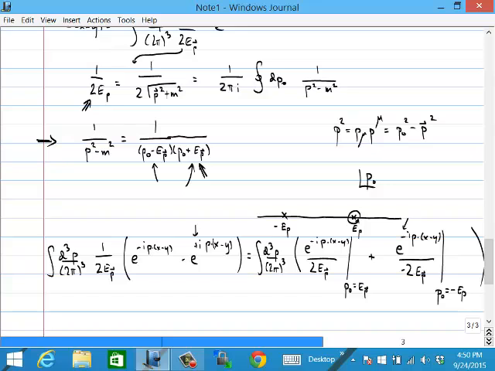And I've done that so that both of those terms have an e to the minus i p dot (x minus y). And I want to think about them as two contributions coming from an integral over p0, where I pick up the contributions from both of those poles. Is that clear? Any questions on that so far?